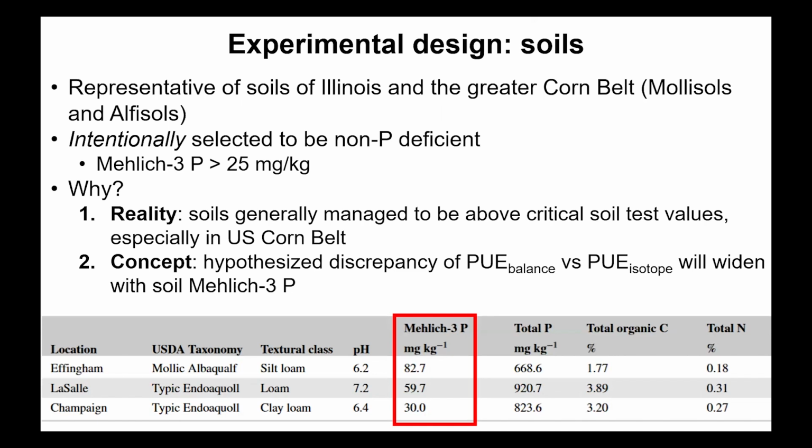And so the uptake of the P in the unfertilized crop will not be the same as the P in the fertilized crop. Again, that's the central assumption in the PUE by difference approach. So these soils are typical of what we see with Mehlich P above 25 ppm, going from 30 to 83 ppm.